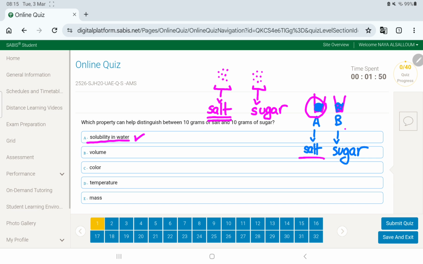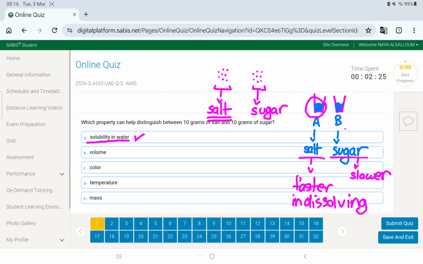It's faster in dissolving, right? So, how can you tell the difference? Solubility in water. Because if we know that sugar is slower, we can easily tell that the one that didn't dissolve yet is the sugar, and the one that already dissolved is the salt.